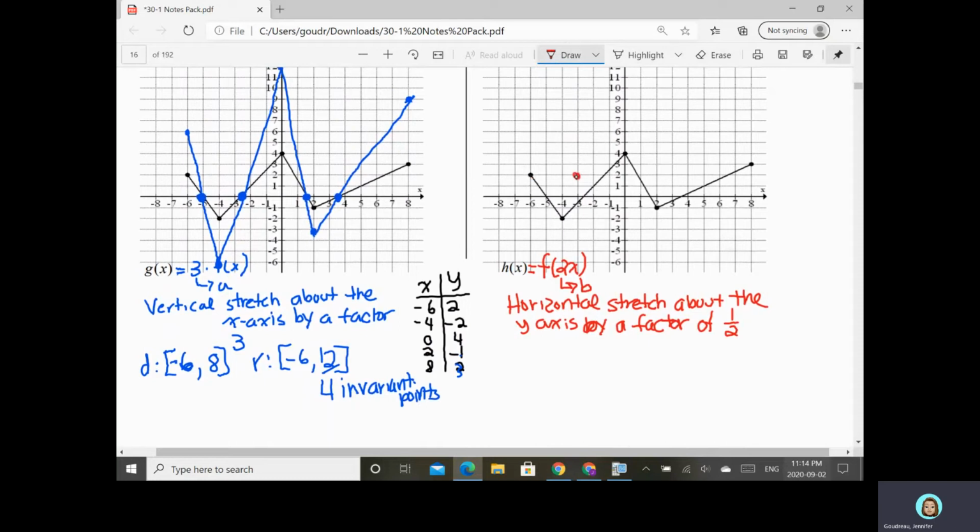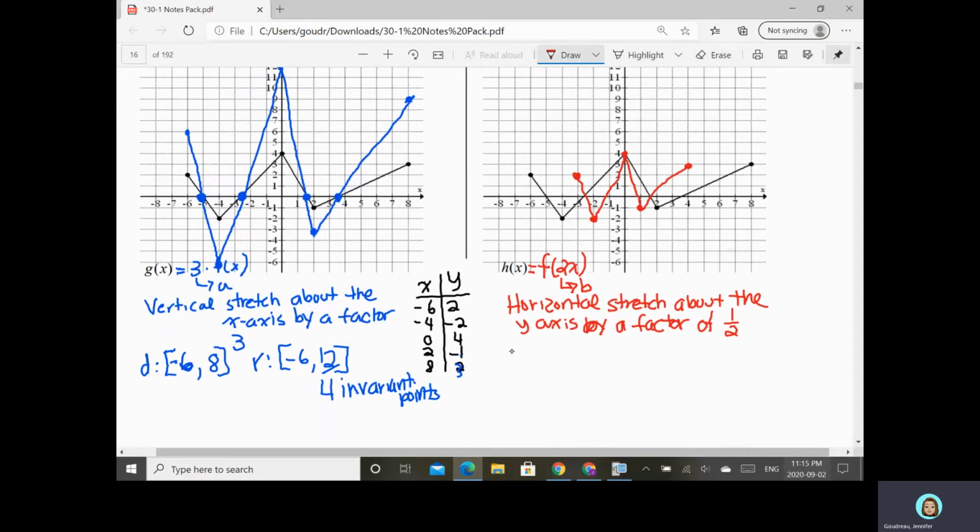So it moves in closer horizontally. -4 times 1/2 is -2. 0 is going to stay right on the y-axis. 2 times 1/2 is 1. 8 times 1/2 is 4. Connect the dots and that squishes it right up. We can really observe there that it is horizontally stretched by a factor of 1/2.